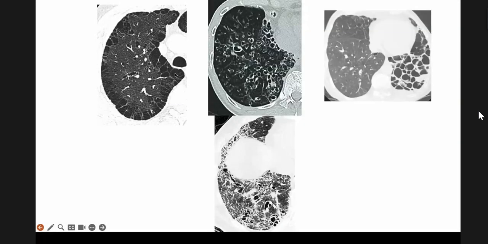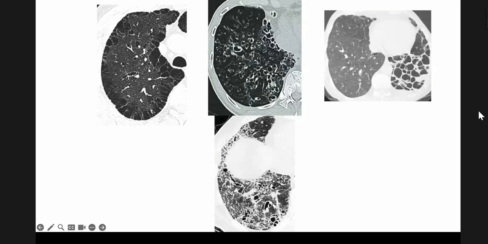So here you see on this image, there are very, very thin septae, peripherally placed air lobules, almost of the same size, right? And you don't really see any more cysts on top of this. I do not see any associated reticular opacities. I do not see any associated traction bronchiectasis, right?